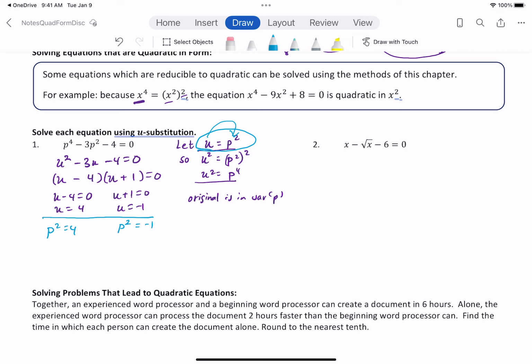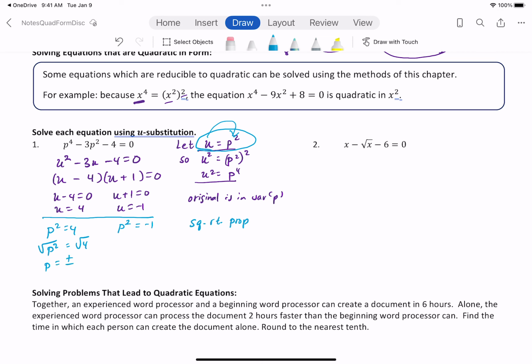Now both of these problems are quadratics, and I have a squared term equal to a constant. So at this point, we can use the square root property to solve. Remember, we just take the square root of each side. The square root of a squared undoes itself.